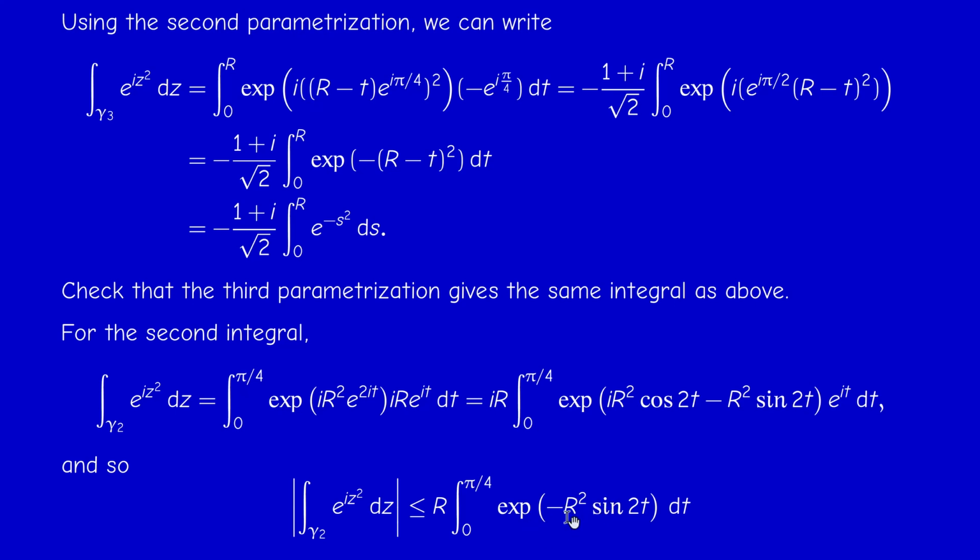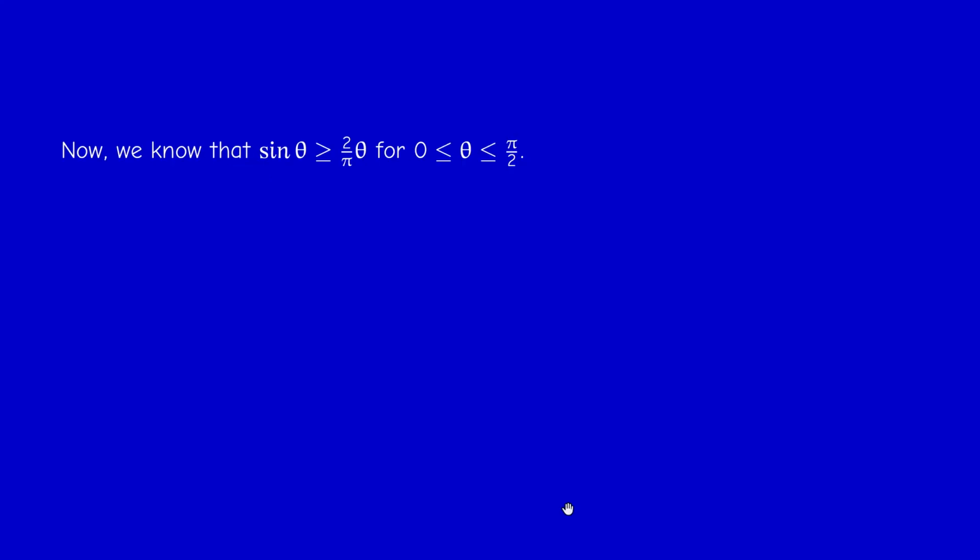Now we are almost done. If I didn't have the sine 2t, this would be straightforward, because exponential of minus r squared tends to 0 and wins the race against r. But I have this sine 2t that vanishes at 0, and I get exponential of 0, which is 1. So there is a small problem, but it's easily solved by recalling a convexity inequality about sine.